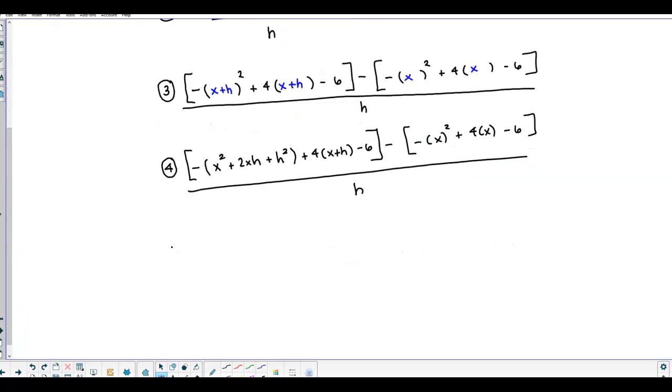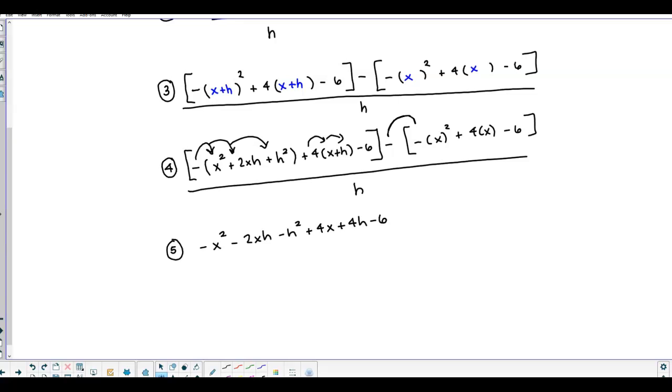Now the next step, we're going to distribute. We distribute the negative sign to those terms, so we get negative x squared minus 2xh minus h squared. We distribute the 4 to those terms, which gives us plus 4x plus 4h minus 6.